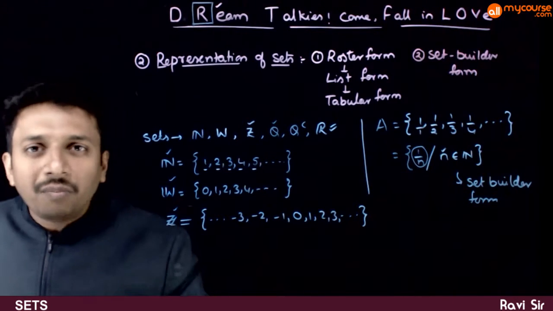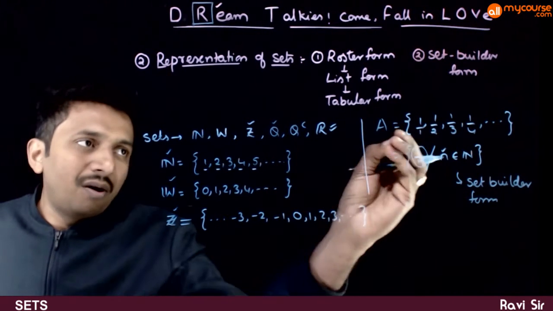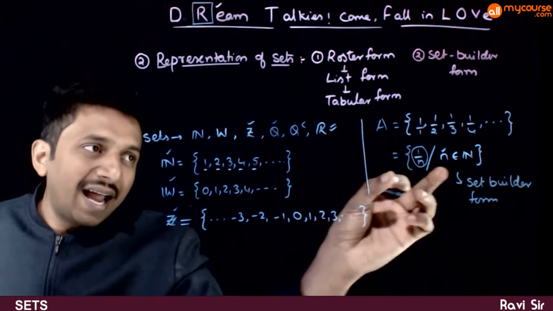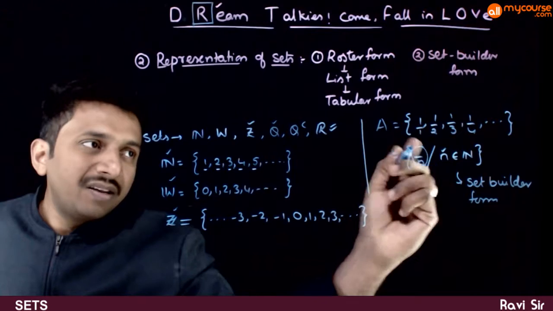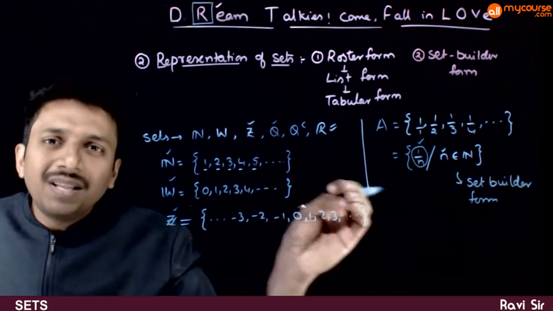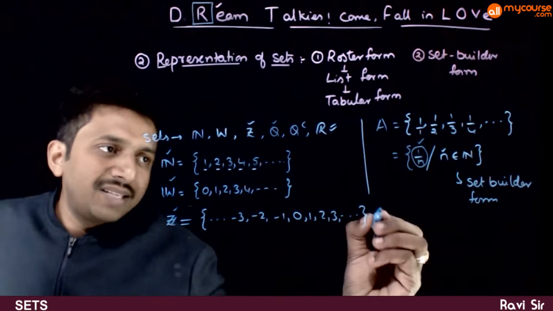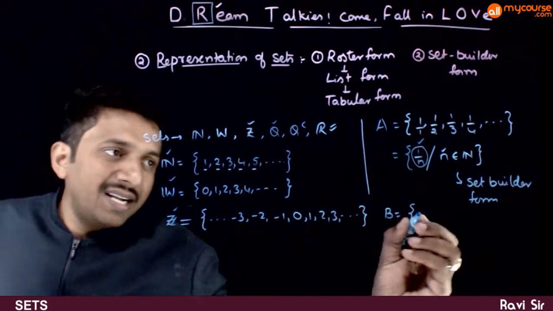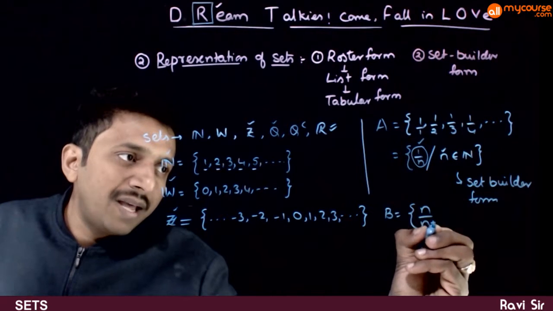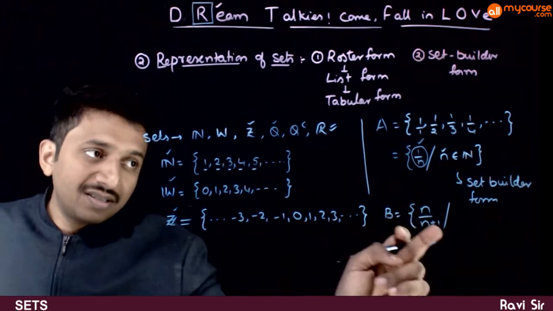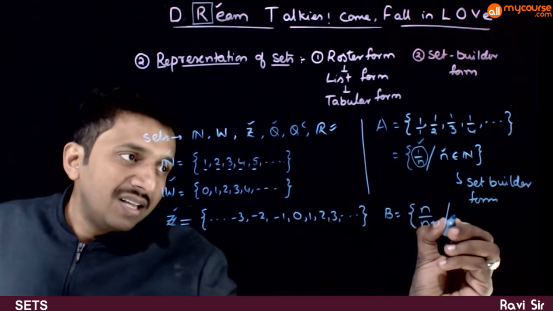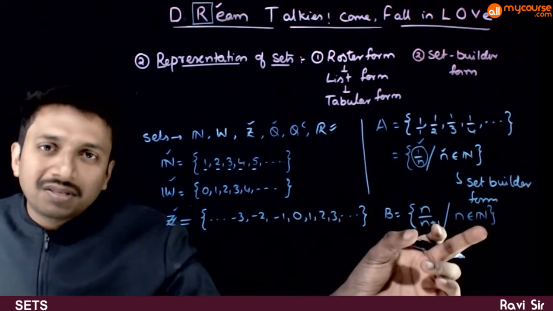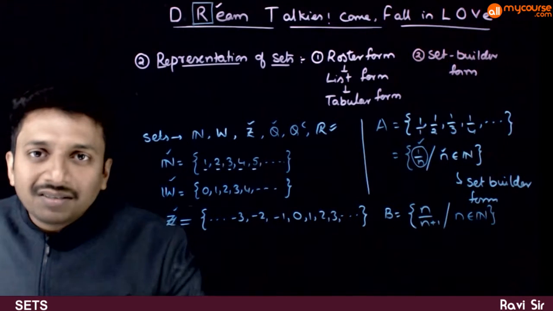In set builder form, we try to catch the property of the elements of this set, and exhibit that property so that I can build the set myself. For example, if I write the set containing the elements of the form n by n plus 1 such that n belongs to natural numbers, can you intelligently construct this set?